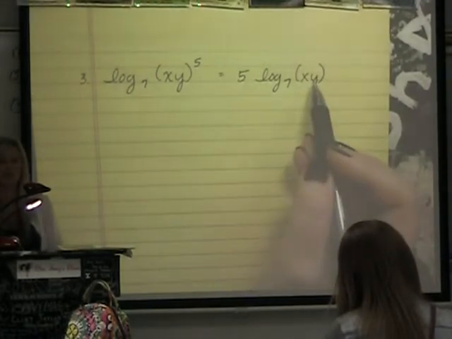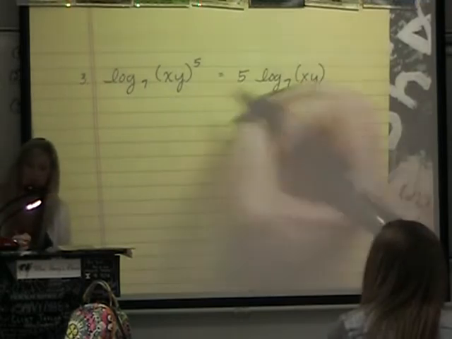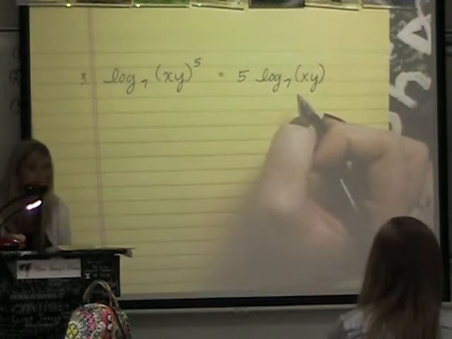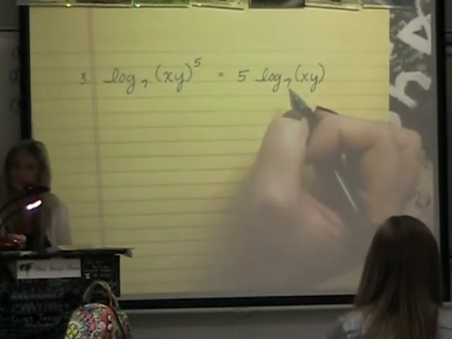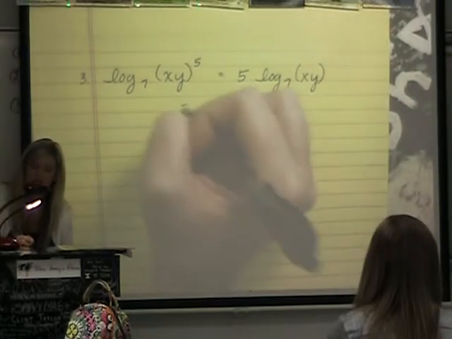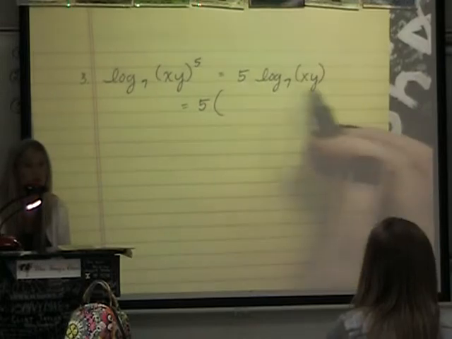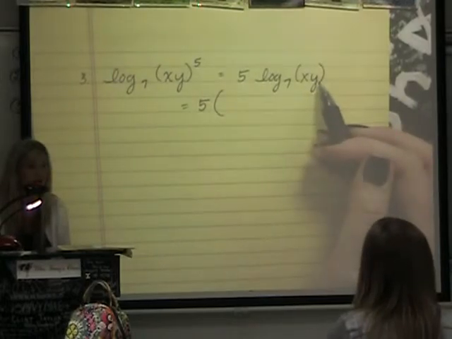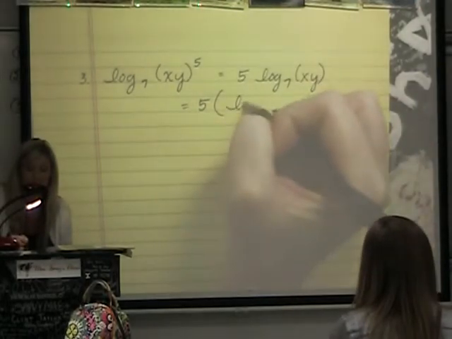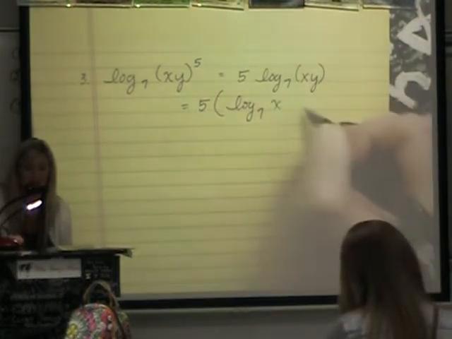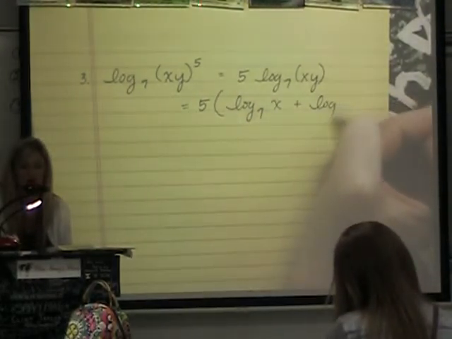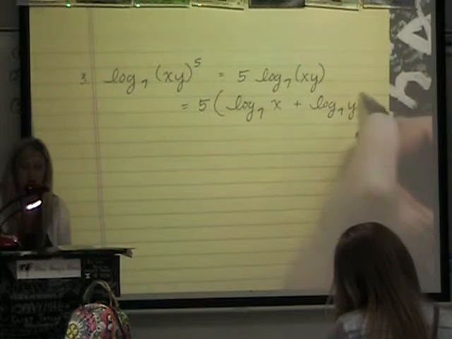But you have to be really, really careful if you choose to do it that way, because you need to make sure you put parentheses around the log base 7 of x y after you expand it. So log base 7 of x plus log base 7 of y.